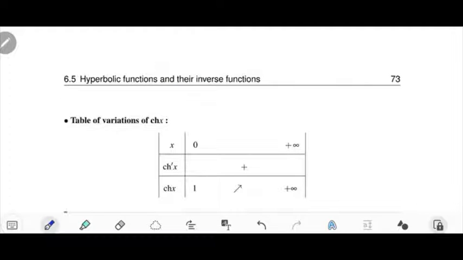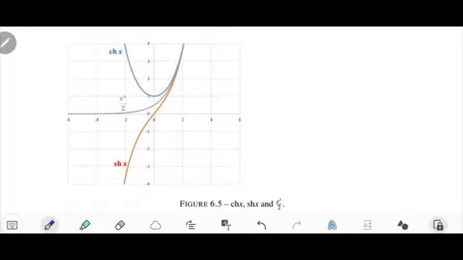Now drawing the table of variations of ch, it has the derivative positive, so it's increasing from 1 to plus infinity because the limit at plus infinity is equal to plus infinity. So if we draw these two functions, they will have this shape, sh going from 0 to plus infinity.